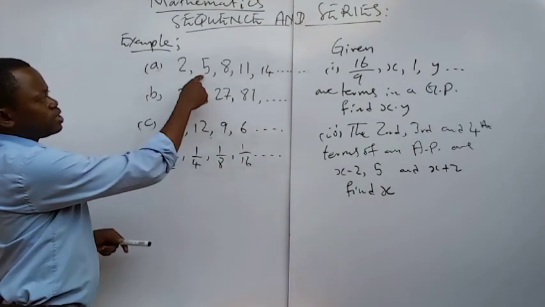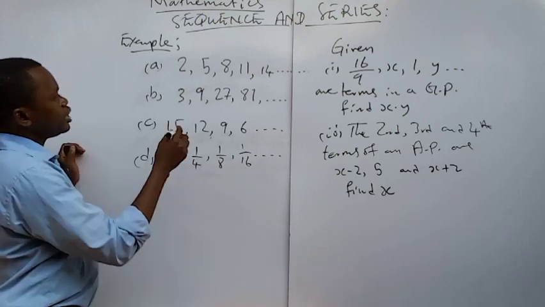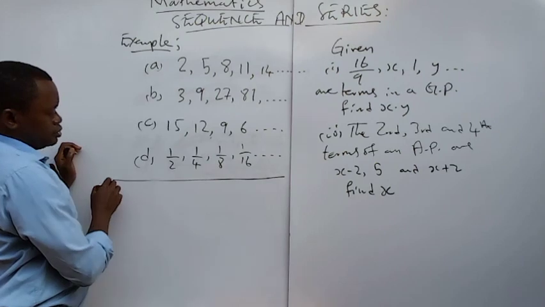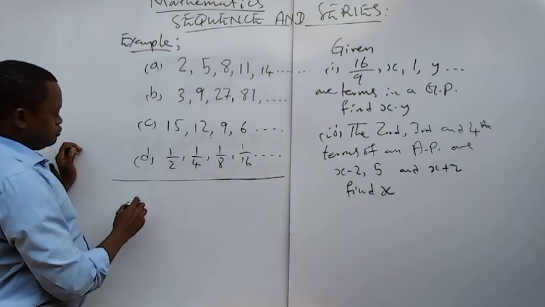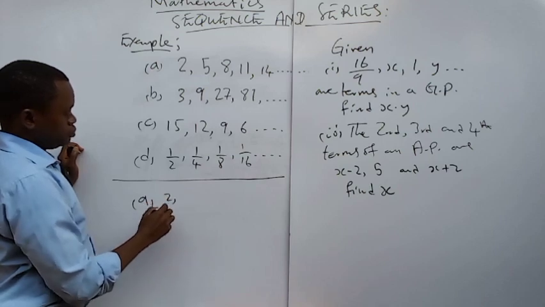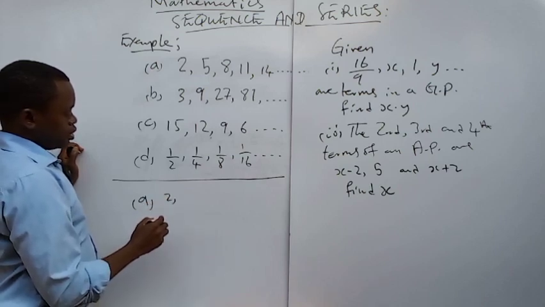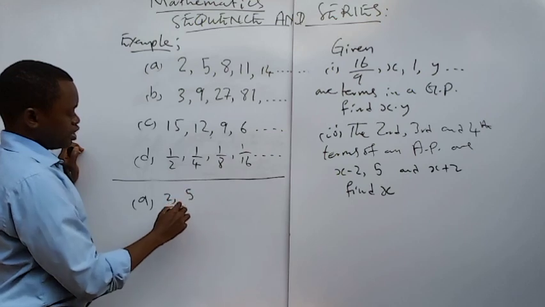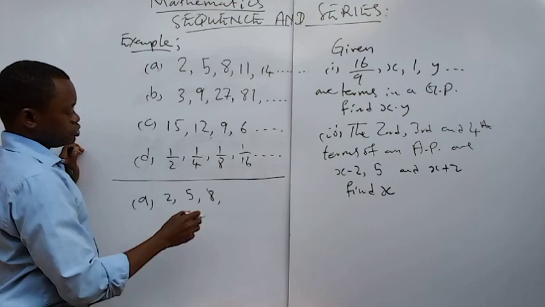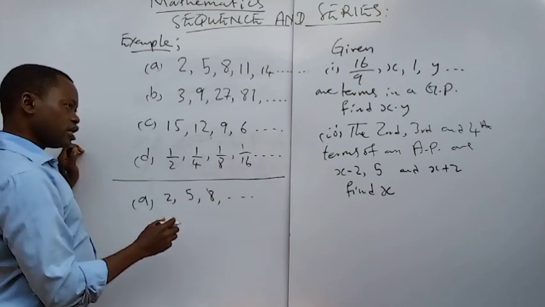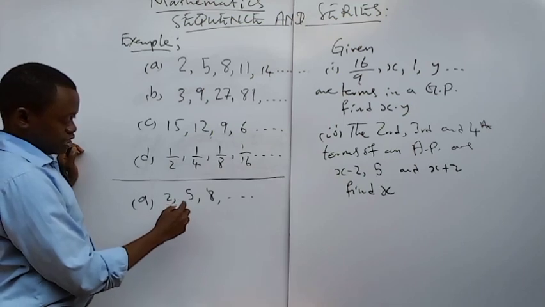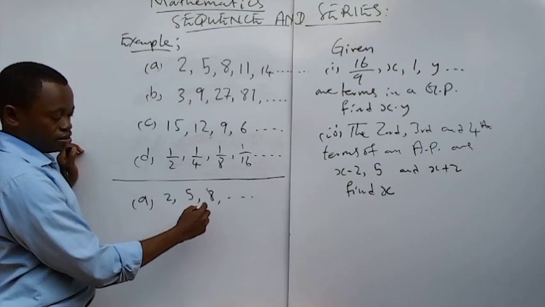Now, from the previous explanation I gave you on this, you realize that if you have 2, and then you have 5, and then you have 8, and it continues, the difference here gave you the same thing here.